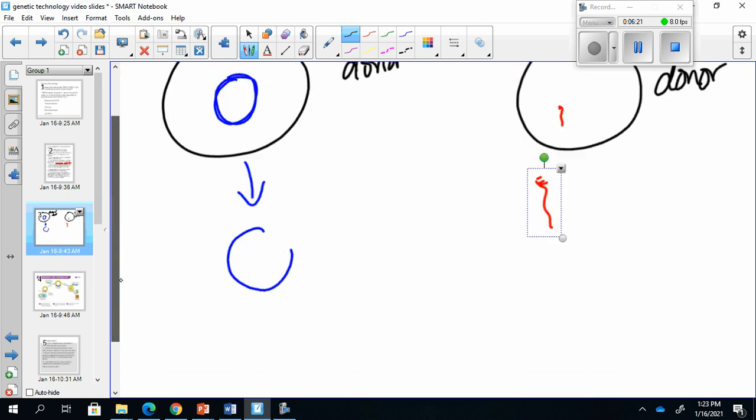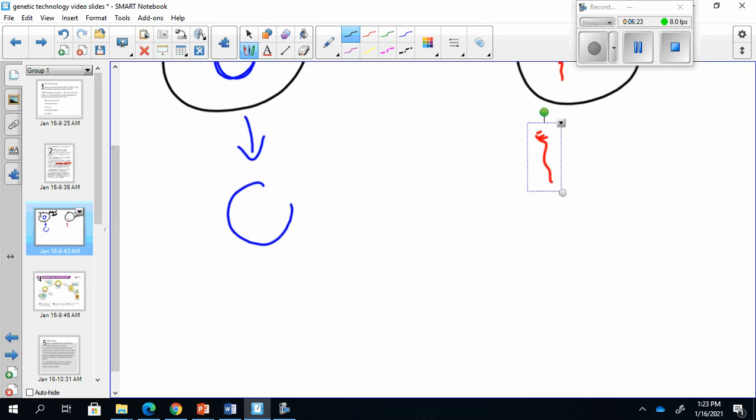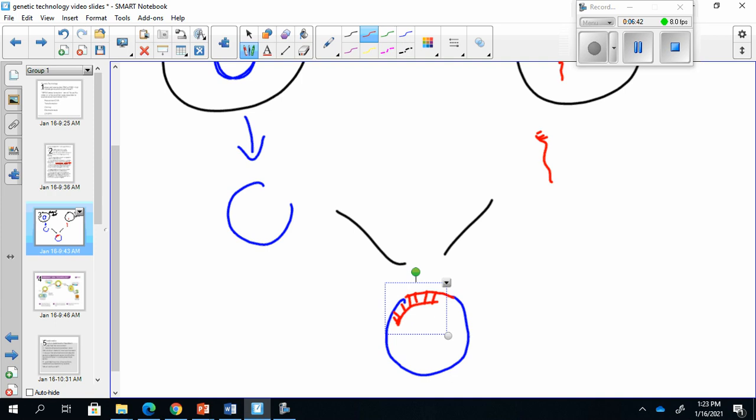Okay. When you put these two together, you end up getting a plasmid that has the inserted gene, like that. And actually, if I drew this even better, you'd be able to see that the red is like this. So that's where the sticky end connects.